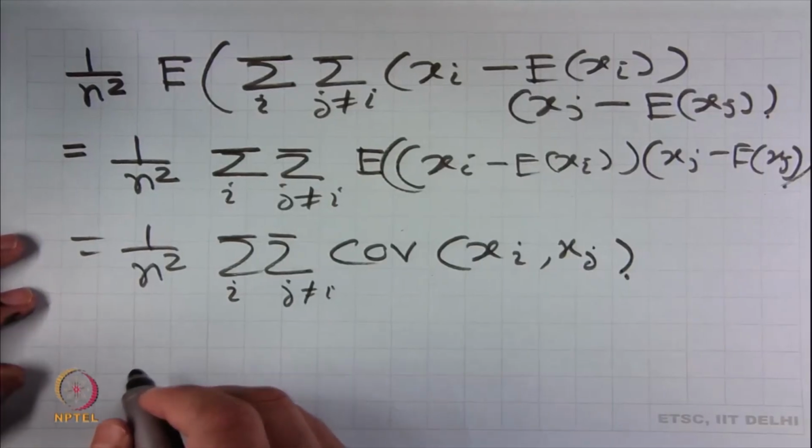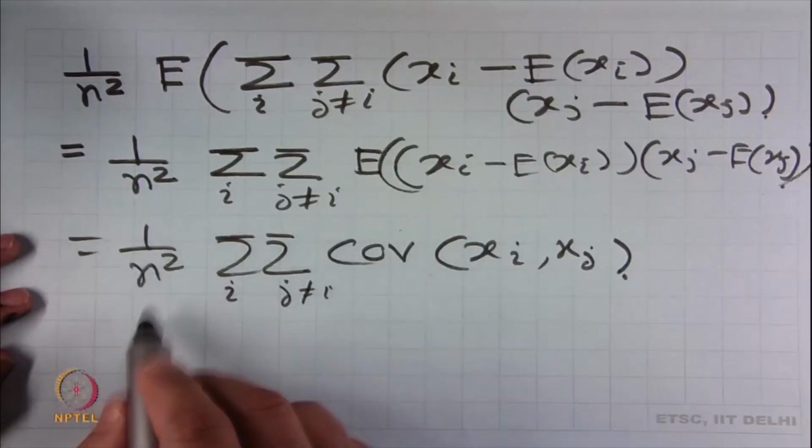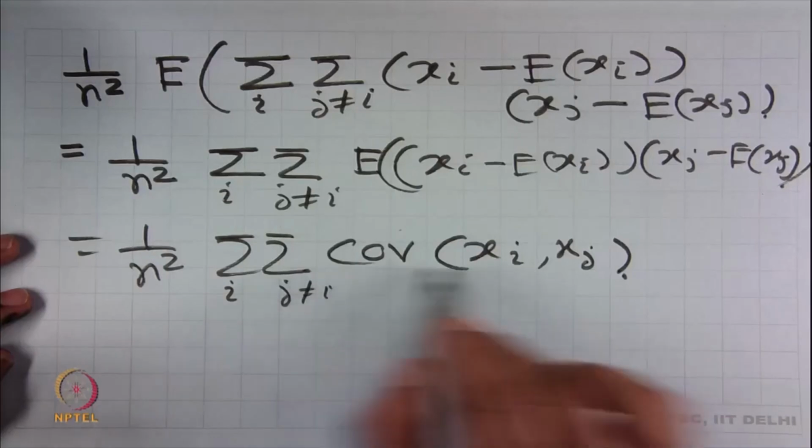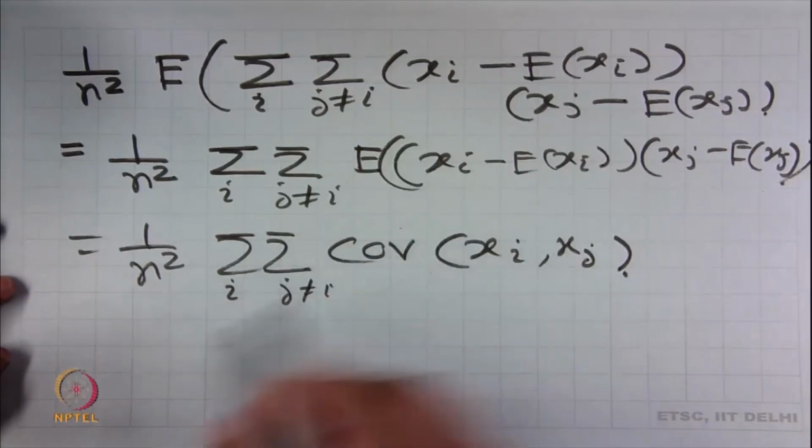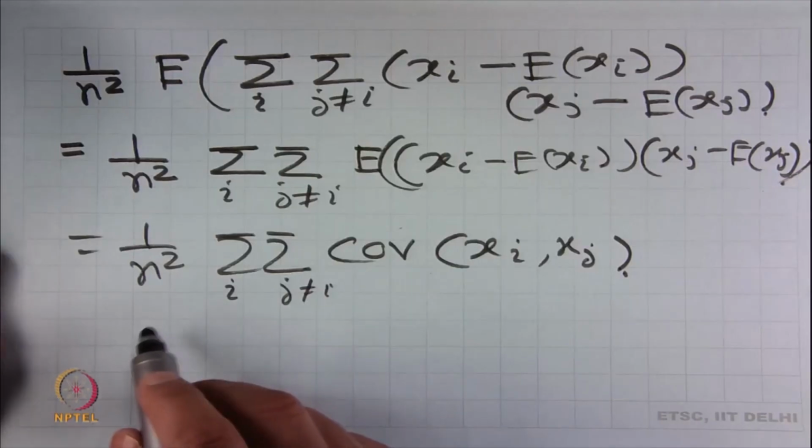So, this is giving us 1 upon n square into summation over xi, xj, covariance of xi, xj for all possible pairs i and j.